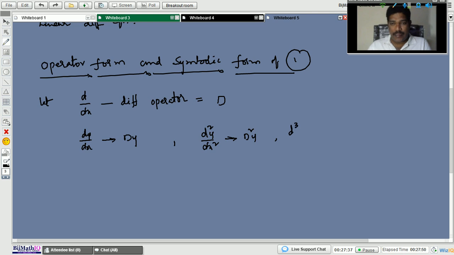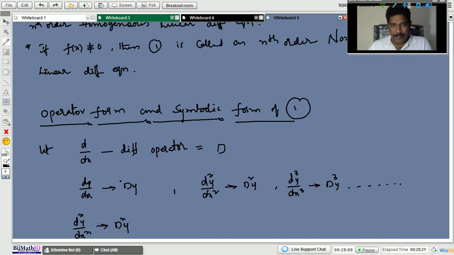And d cube y by dx cube as capital D cube y. And so on, the nth order derivative d power n y by dx power n I write as capital D power n y. So writing in terms of capital D gives the differential operator forms.